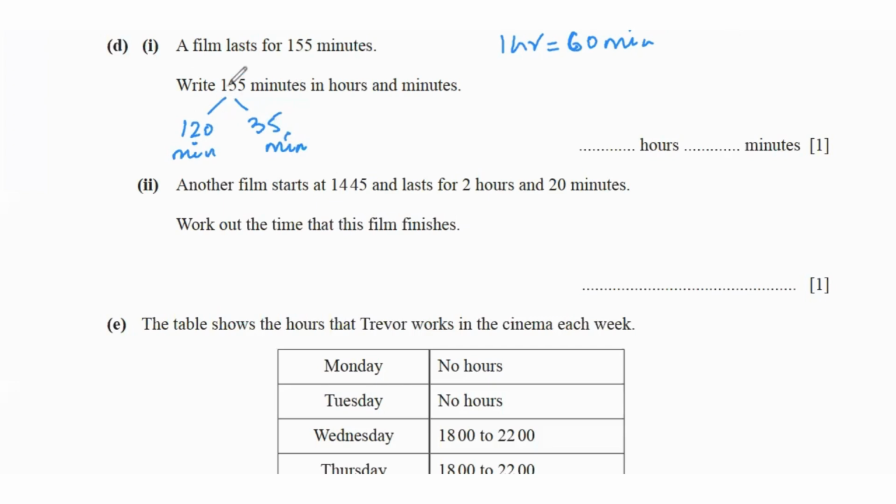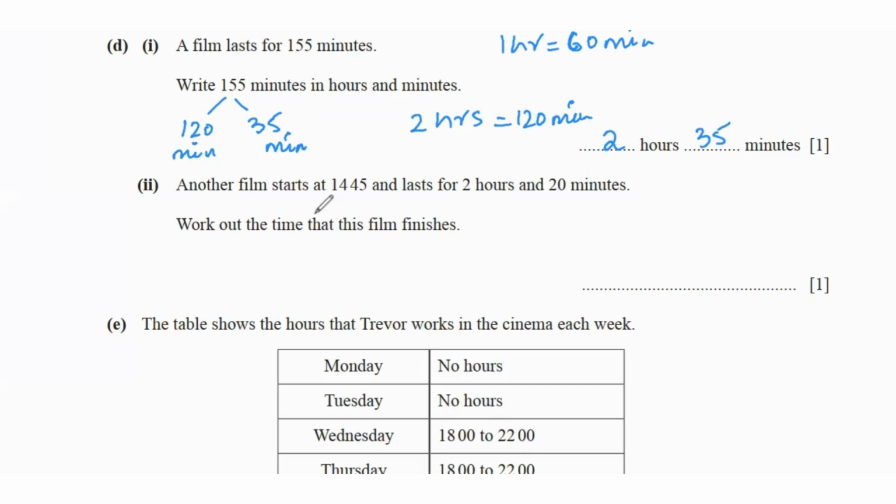Now we know 120 is a multiple of 60, which means two 60s make a 120. So that's 2 hours equal to 120 minutes. And the 35 minutes will remain in minutes because they want the answer in hours and minutes. So that's going to be 2 hours and 35 minutes.